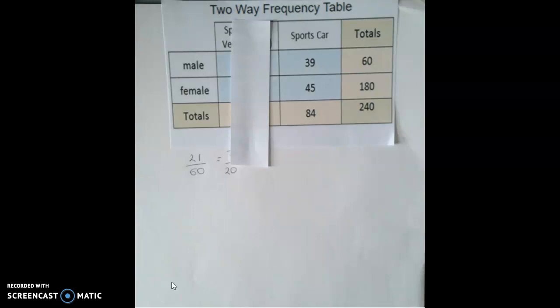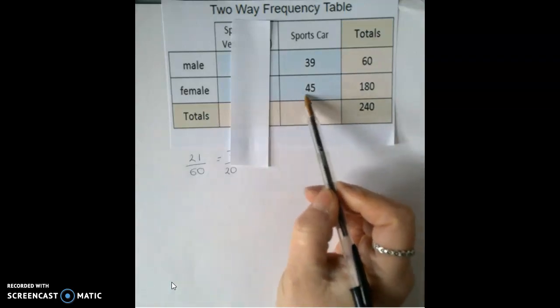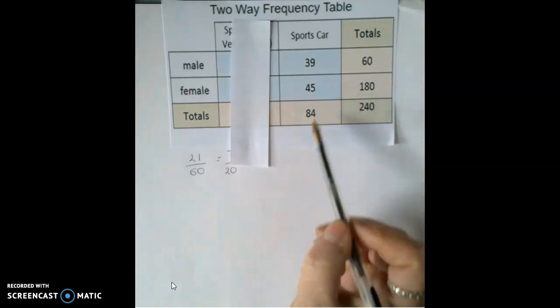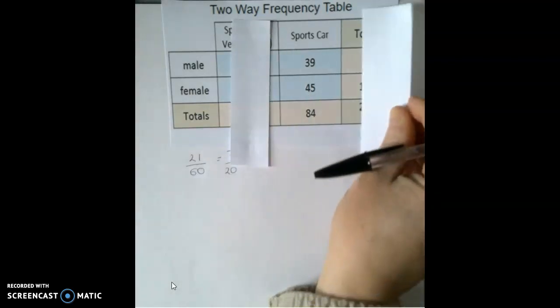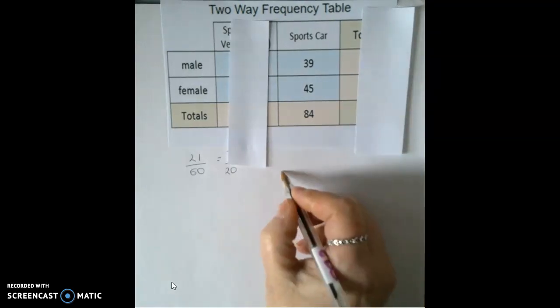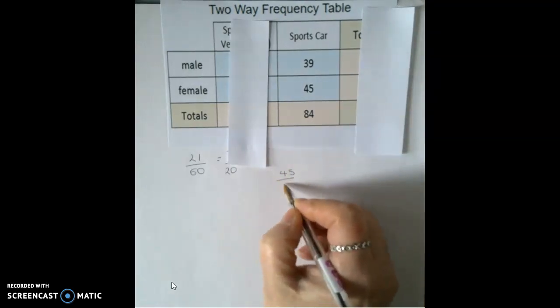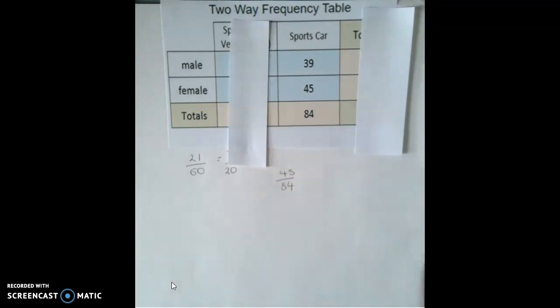And we want to know the probability of the people who were female who preferred the sports car. So the people who were female are 45 out of the 84. So our probability will be 45 out of 84 because it's given that they prefer sports cars.